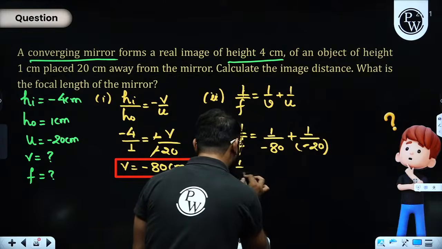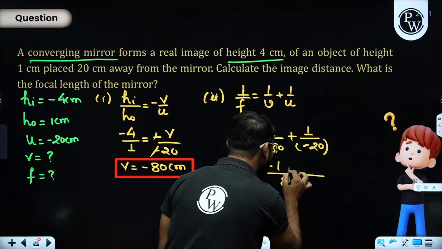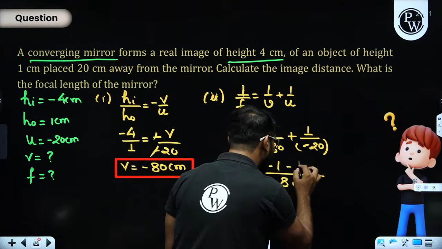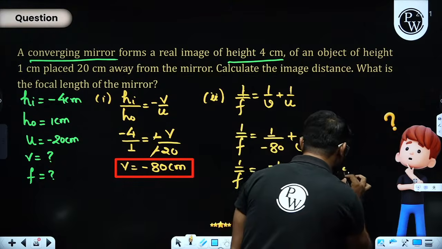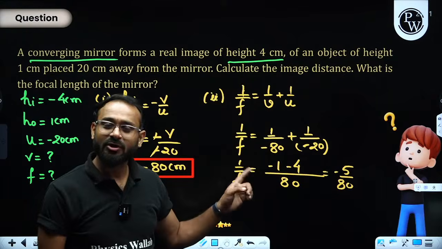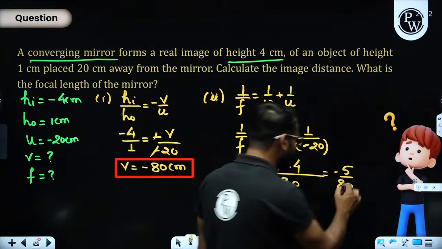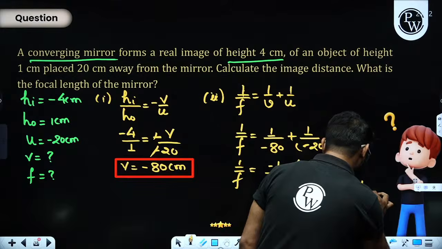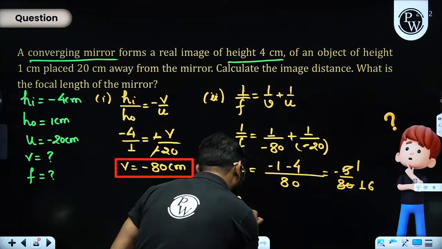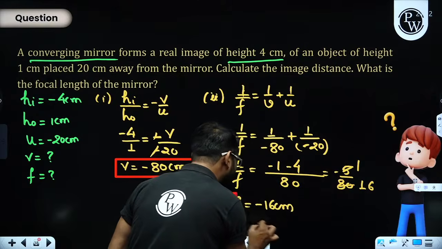So 1 by focal length is equal to (1 minus 4) upon 80, that is minus 5 upon 80. Correct? On dividing, what will you get? 1 by 16.